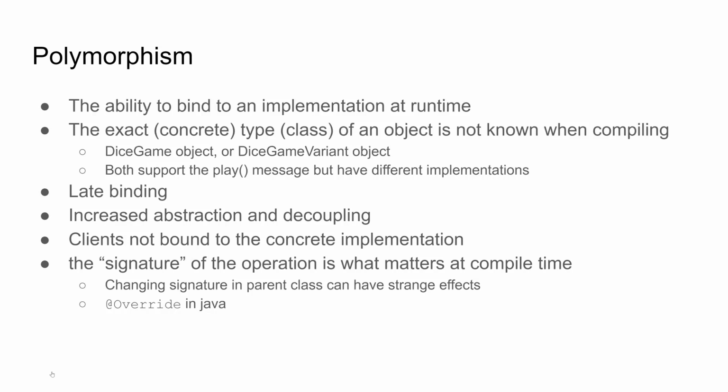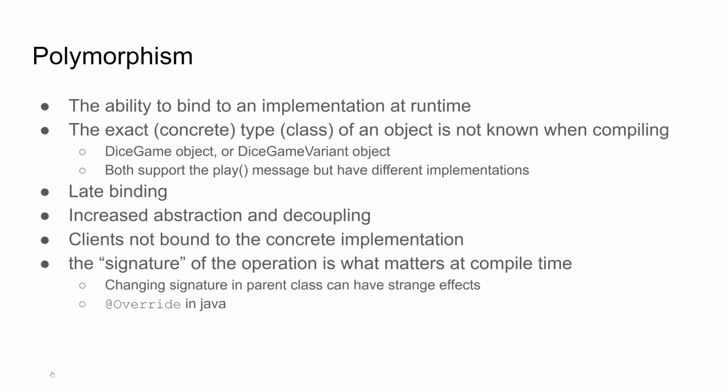And one thing to think about is that if we change the signature in the parent class for some reason, maybe we just rename the method, then we can have some really strange effect, because then the polymorphism will not work, because the original method in the subclass will just be another method and it will not override the thing in the parent class.